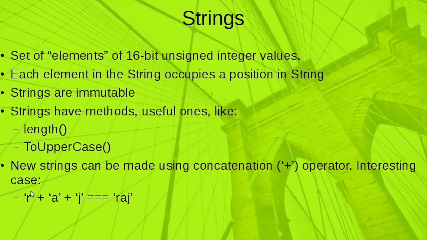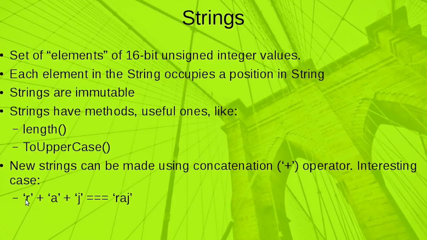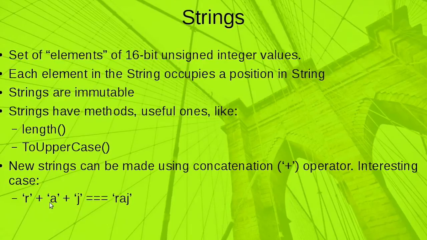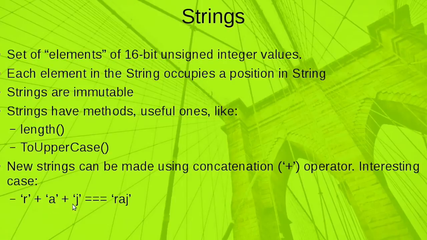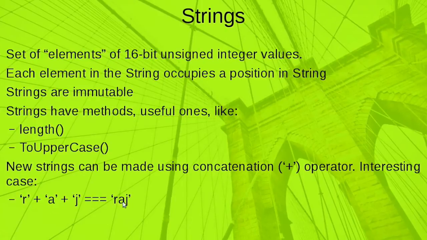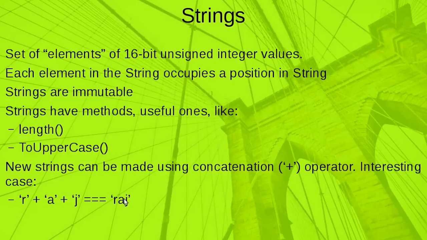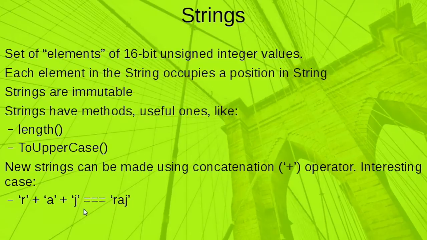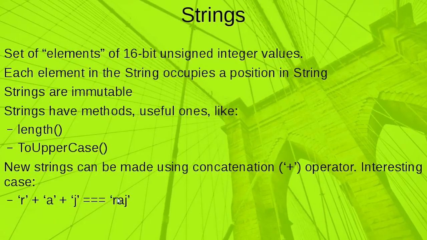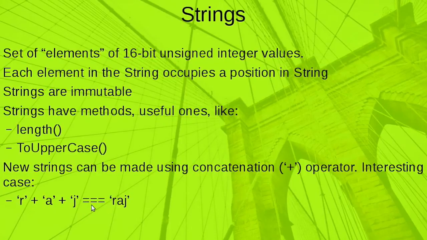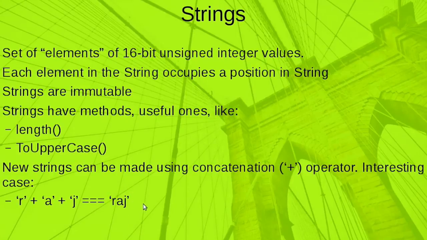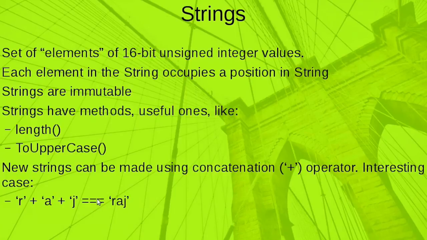And there is an interesting case: if you concatenate individual elements using the concatenation operator and check it against a combined string, it will tell you that these strings are the same. It means that if the result of one expression is the same as the result of another expression, JavaScript will tell you that these strings are the same.